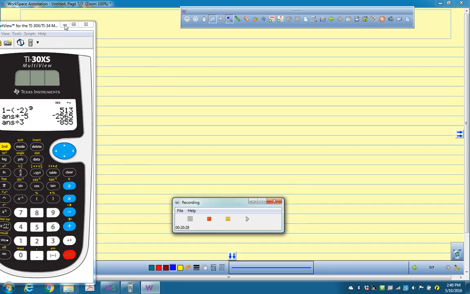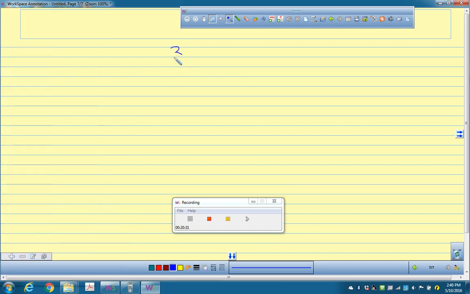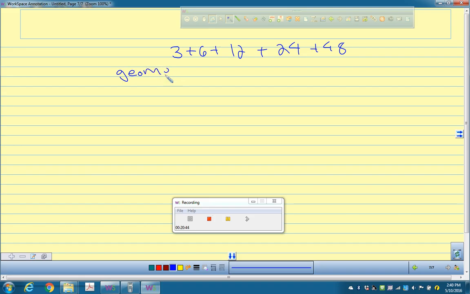If I have something like this, 3 plus 6 plus 12 plus 24 plus 48, this is called a geometric, not a sequence anymore. Anyone remember what it's called if I'm adding them together? It's called the geometric series, okay?